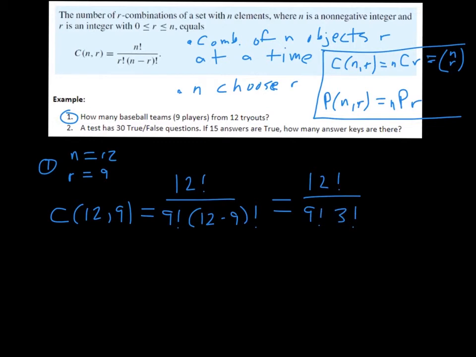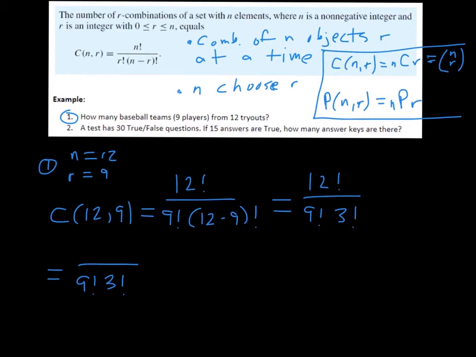Now, I can do the cancellations using either the 9 factorial in the bottom or the 3 factorial. You want to always choose the larger number because you'll cancel more stuff out. So again, the denominator has a 9 factorial and a 3 factorial. Think about what 12 factorial is. It's 12 times 11 times 10 times 9 times 8 times 7 times 6 times 5 times 4 times 3 times 2 times 1.